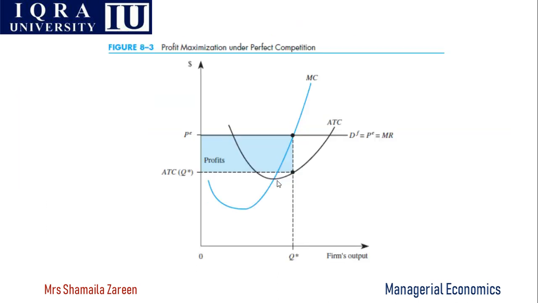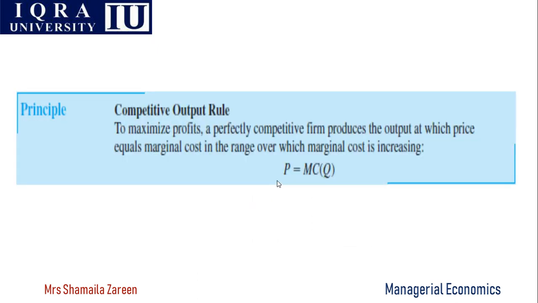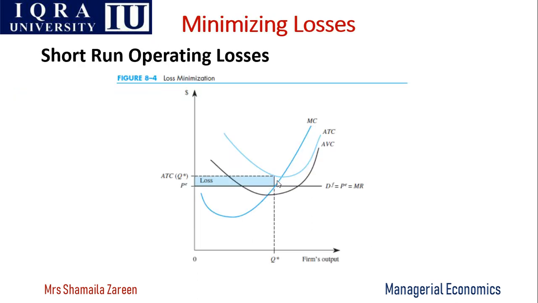In the previous diagram, whenever the revenue is greater than cost, the firm is getting the profit. And in this diagram, if the firm is incurring more cost, it means they are facing the loss.